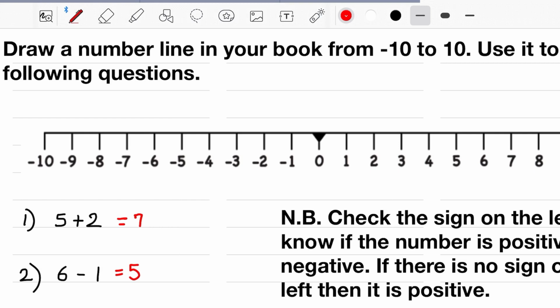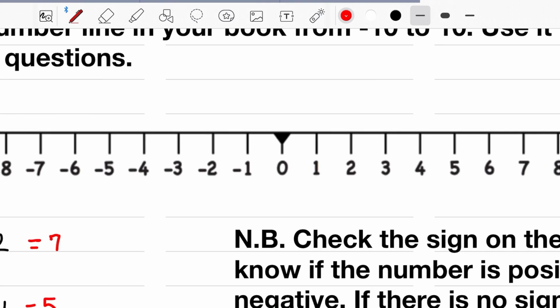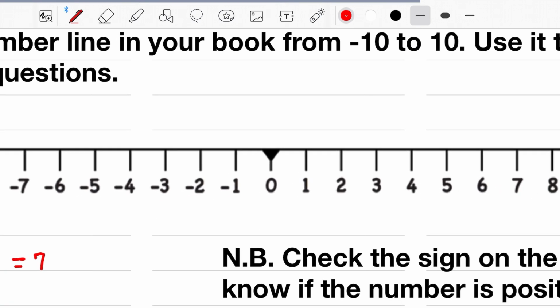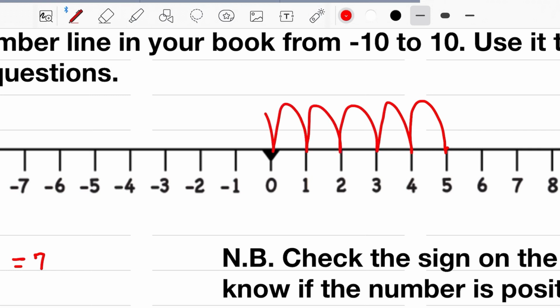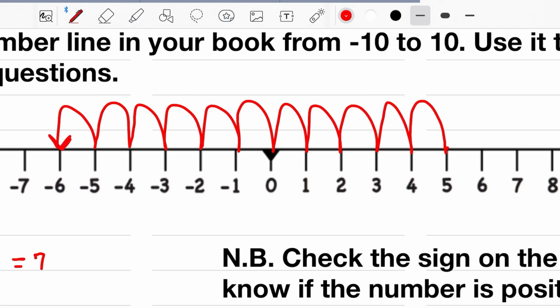So we start off at positive 5, and we are going to the left 11 spaces. Starting with positive 5, 1, 2, 3, 4, 5, 6, 7, 8, 9, 10, 11. And our final answer is negative 6.